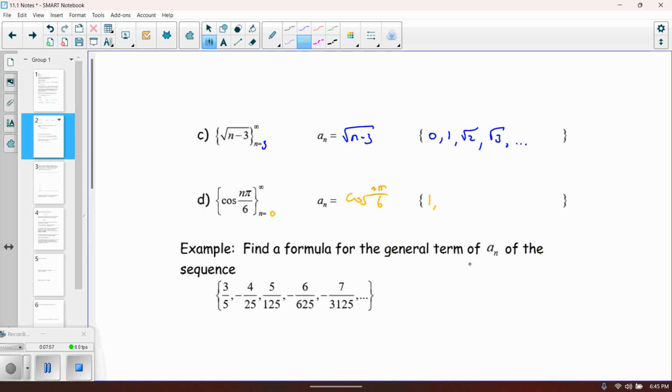Plug in 1, you would get cosine of pi/6, which is √3/2. Plug in 2 for n. 2/6 reduces to 1/3, so you're going to get cosine of pi/3, which is 1/2. And then if you plug in 3, you're going to get cosine of pi/2, which is 0.